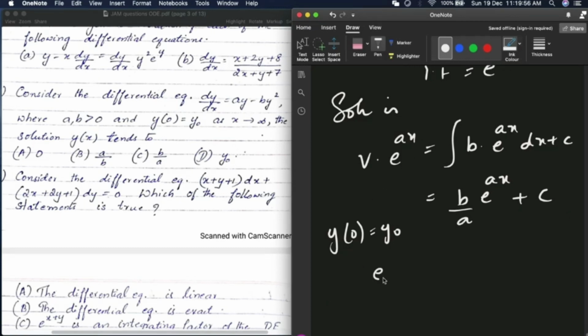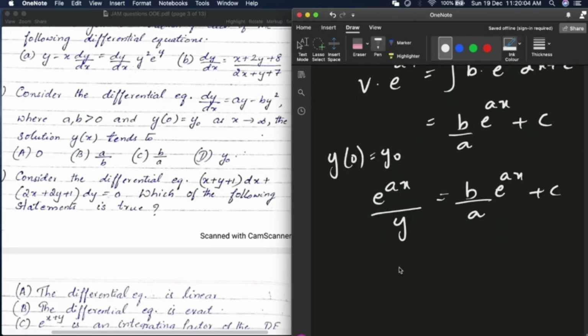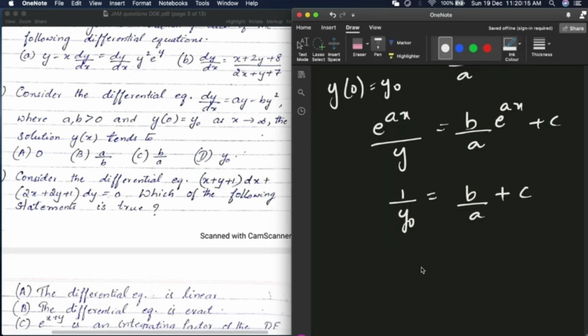So v was 1 by y, right? So it is e raised to ax by y. So 1 by y naught is equal to, c is equal to 1 by y naught minus b by a.